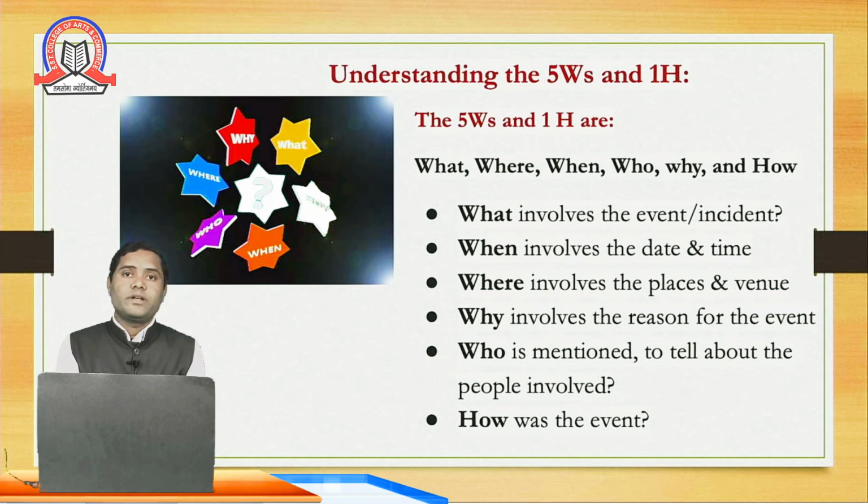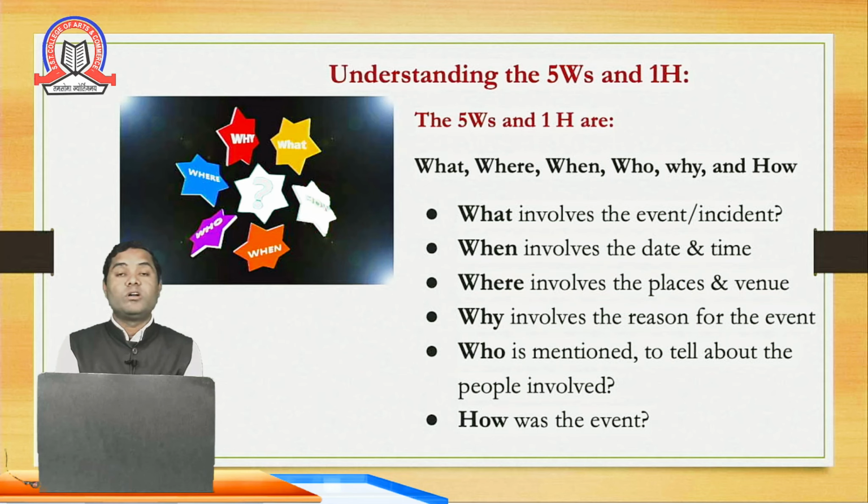Then again we will try to understand in depth the 5 W's and 1 H. Already I explained what the 5 W's and 1 H are: what, where, when, who, why, and how. So what involves the incident or the particular event; you have to write the answer in your news report. Then when involves the date and time when that incident took place; you have to mention that particular date and time in the report.